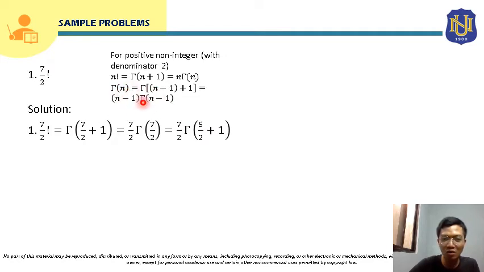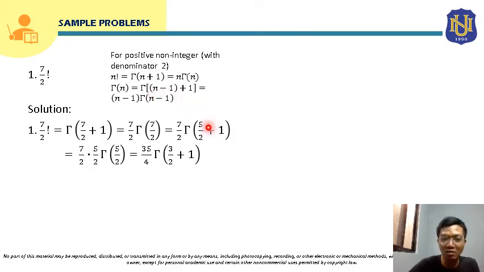Okay, so this is also equivalent to this. Our n minus 1 here is actually 5 halves, so this will become 7 halves, and then we apply this. We can factor out n minus 1 here, so we factor out 5 halves, and what will remain inside is just n minus 1.